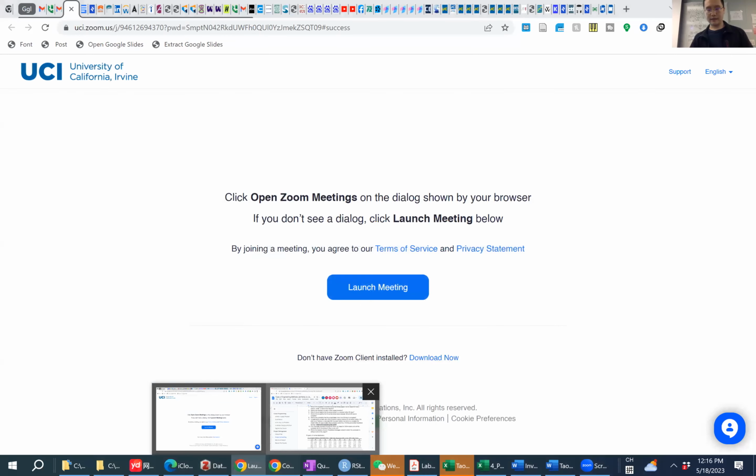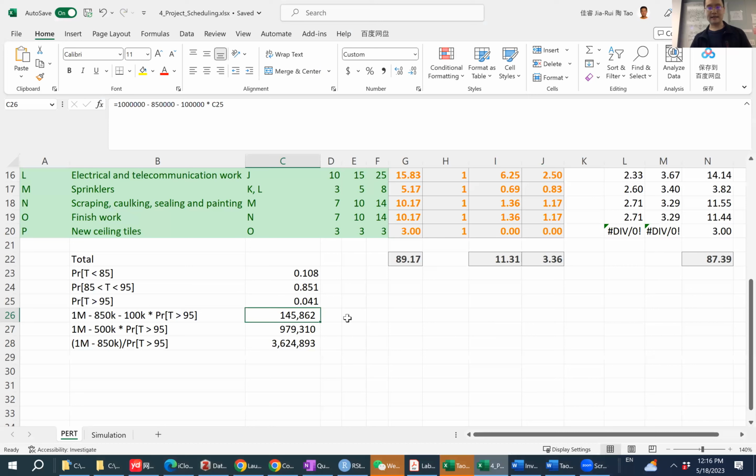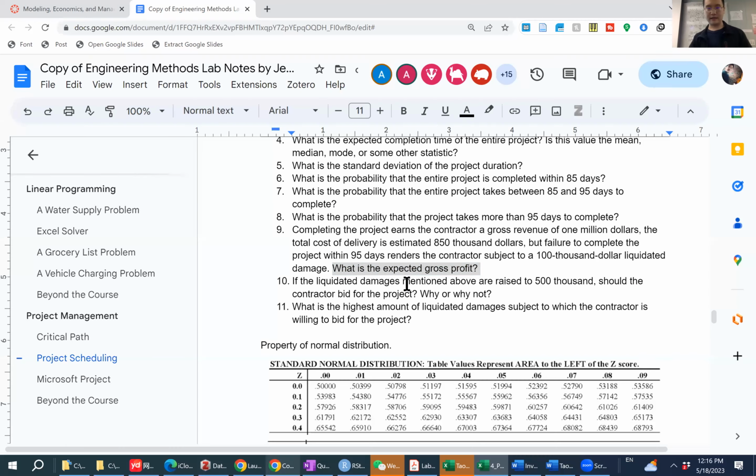So here we need to account for where the uncertainty comes from. The probabilities we calculated are regarding the entire project completion days, right? And there's a probability that we need more than 95 days to complete. And this is where the liquidated damage comes in, because we are given the revenue already, that's 1 million, and also the total cost, that's 850,000.